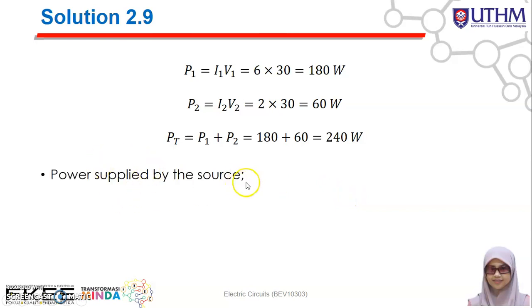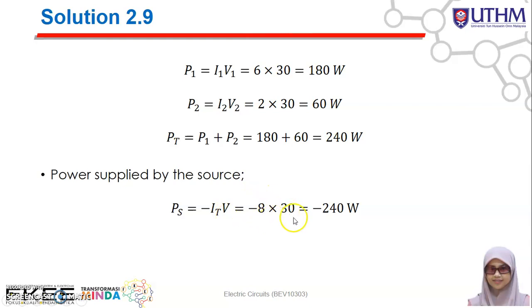Okay, so power supplied by the source. According to the passive sign convention, if your current is flowing from the negative to the positive side, you need to use P equal to negative IV. So negative IT multiplied with V. IT is equal to 8 ampere.